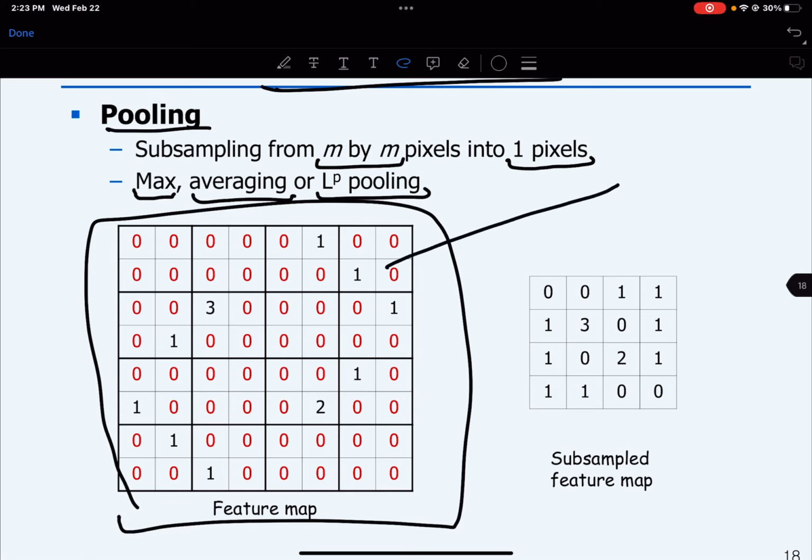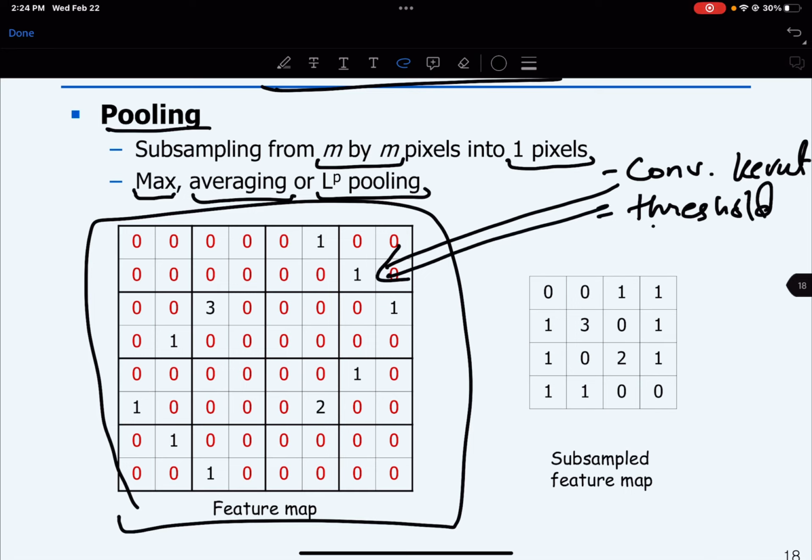First we applied the convolutional kernel, then we applied the threshold to get this feature map. Okay, we obtained the feature map, and now we can reduce the dimension of this feature map using pooling, or we can do the subsampling, so m by m pixels, 8 by 8 pixels can be reduced to 4 cross 4 pixels. So m by m pixels can be replaced by 1 pixel.